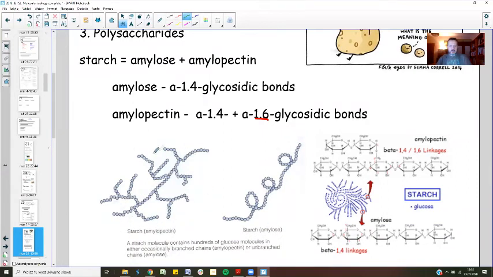Amylopectin is more branched, and amylose is just a chain of alpha glucoses. The straight chain is because between glucoses there are only alpha 1,4 glycosidic bonds, whereas the branching points in amylopectin are because from time to time, in some of these places, not all, there is a 1,6 glycosidic bond. It makes the chain branched.